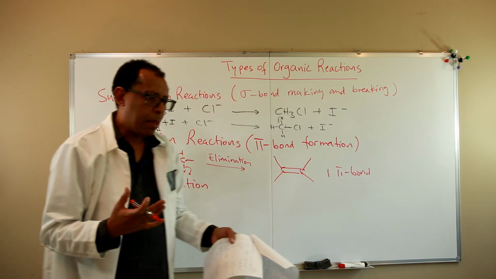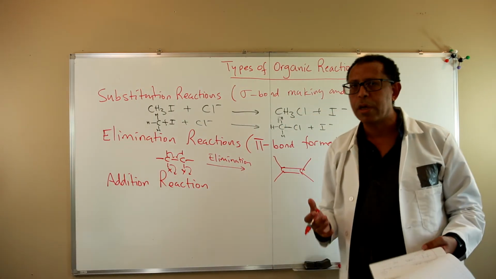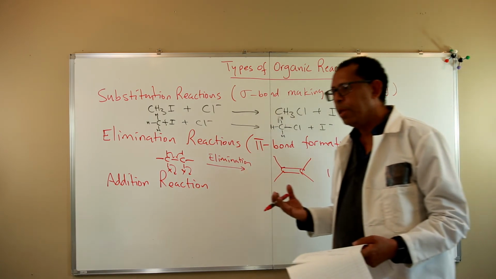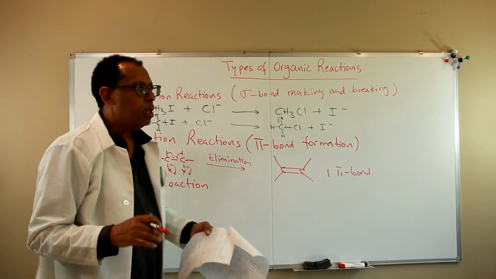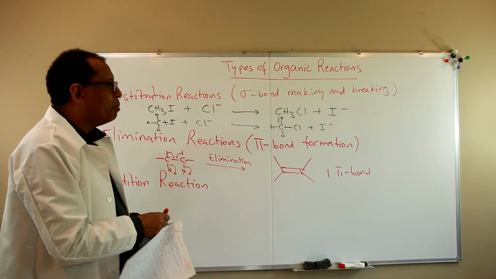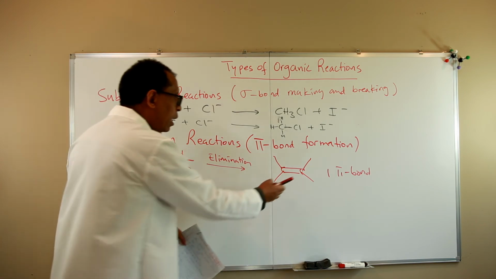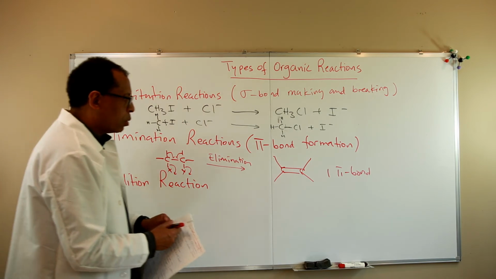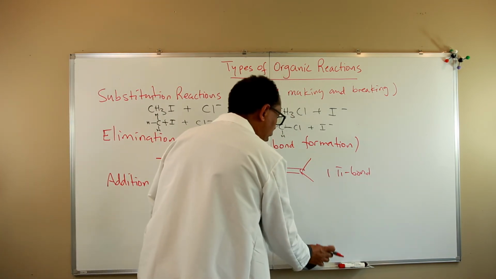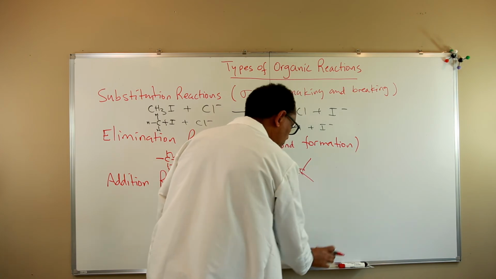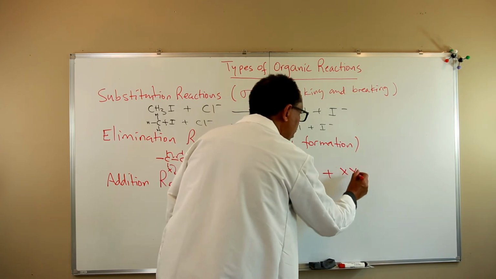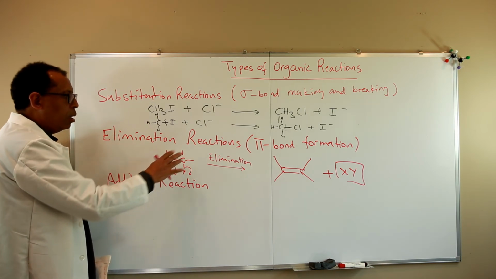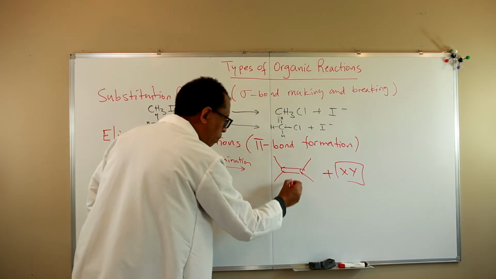If you see several kinds of organic molecules, and you understand what the functional group in that compound is, you would understand how it's made. For example, an alkene can be made from the elimination of a neutral molecule. XY is eliminated, so one pi bond is formed plus XY. By elimination of XY from this, you are forming a pi bond.